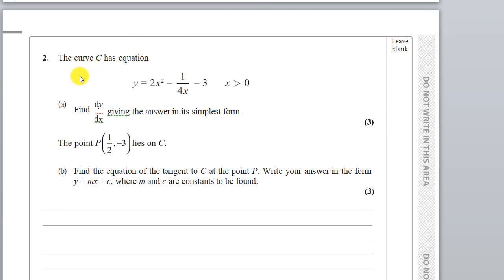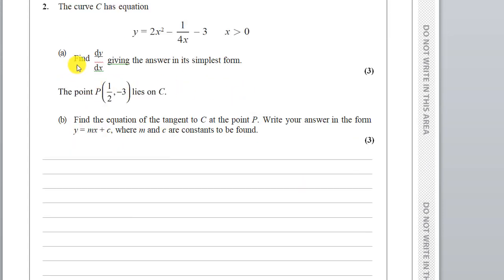Now question 2. The curve C has equation y equals 2x squared minus 1 over x, plus 4x minus 3, x is bigger than 0. Find dy by dx, giving the answer in its simplest form.